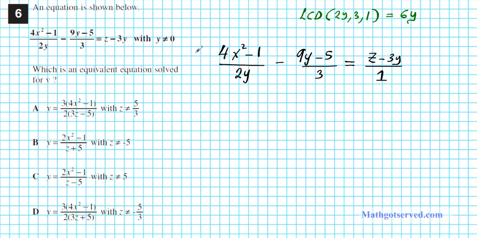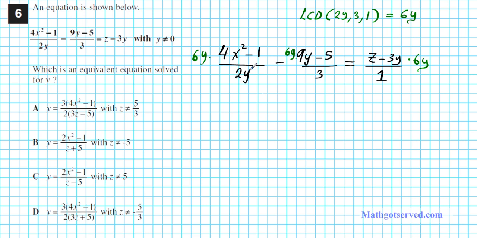So I'll multiply this term by 6y, multiply this term by 6y, and then multiply this term here by 6y. So why am I multiplying everything by 6y? Since the denominators go evenly into 6y, we can divide them out. All right?